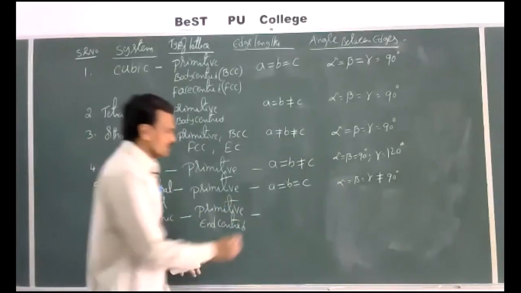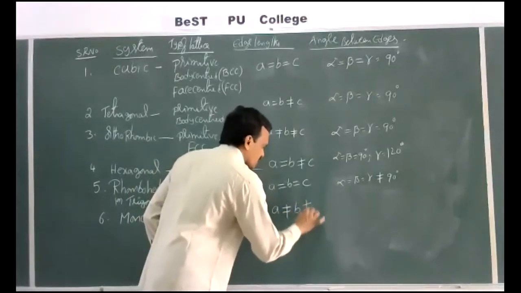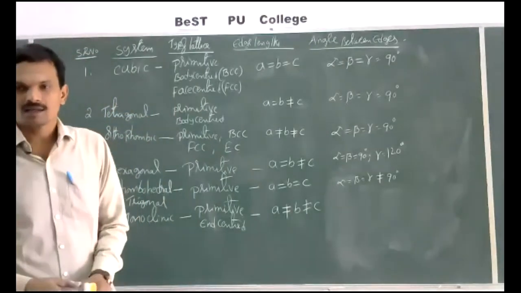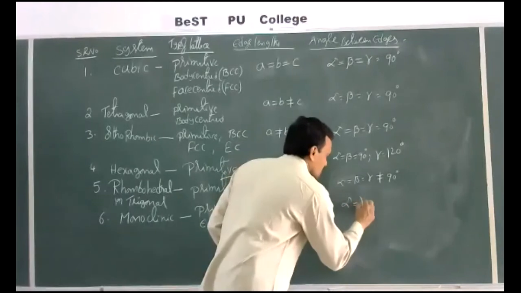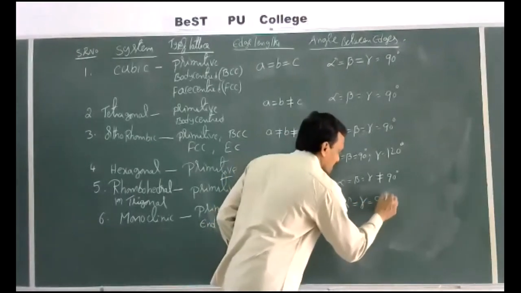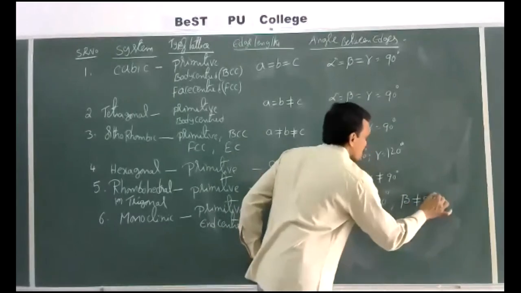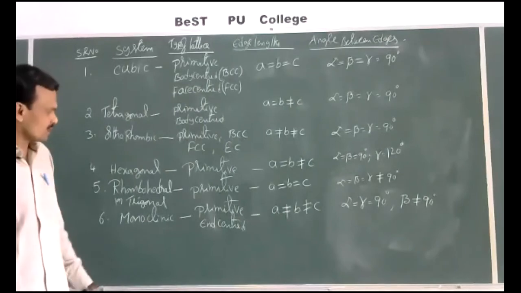Primitive and end-centered. Here A is not equal to B is not equal to C, means all three edge lengths are different. Then alpha is equal to gamma is equal to 90 degrees, whereas beta is not equal to 90 degrees. Means two angles are same and one angle is different.